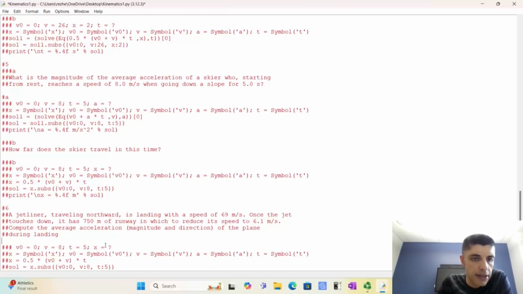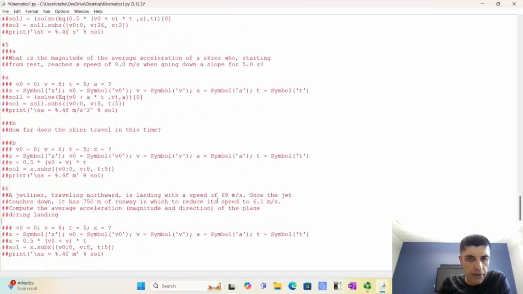All right, so let's start listing our knowns and unknowns in this problem. So V naught is the speed of 69 meters per second. That's going to be the landing speed. Reducing to the speed of 6.1, that's the final speed.